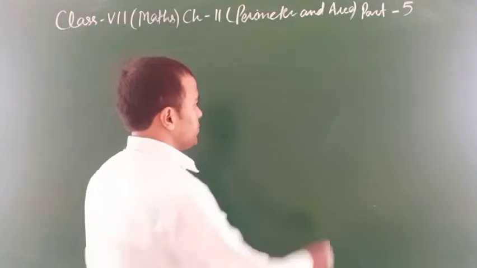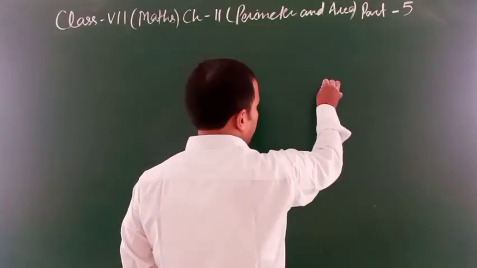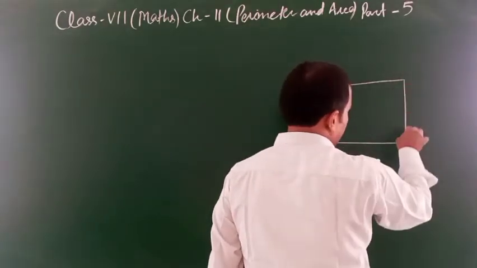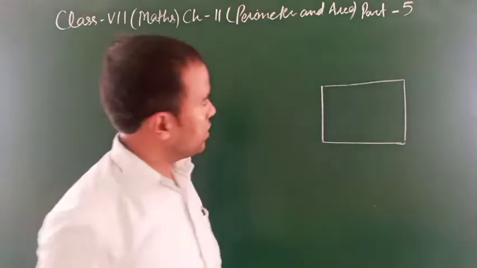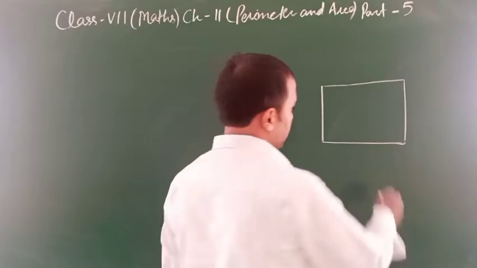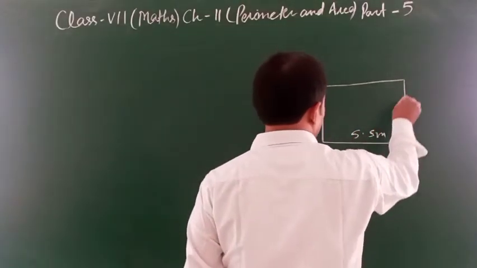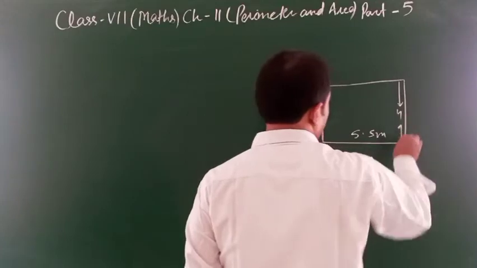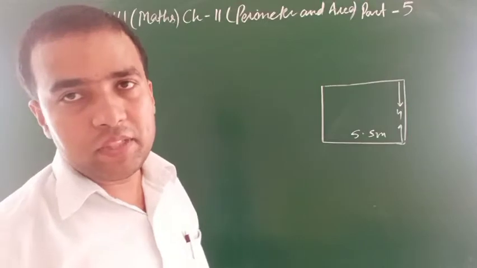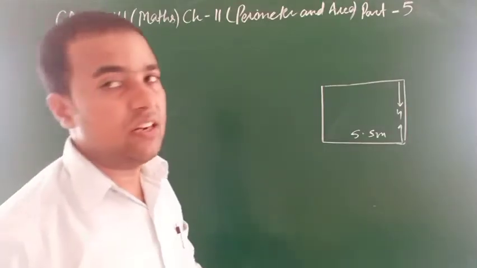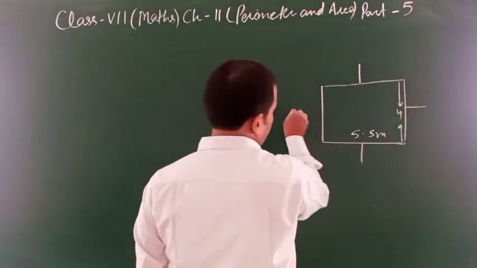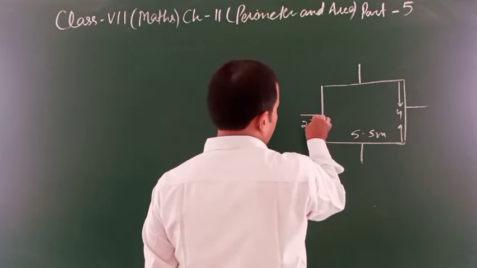So first of all, we will make a figure. It is a rectangular veranda. This length and breadth, it is 5.5, it is 4. Width 2.25 meter is constructed along outside. Outside means here, 2.25.